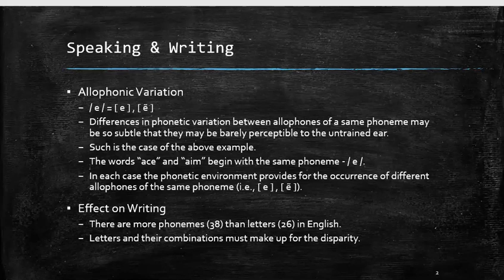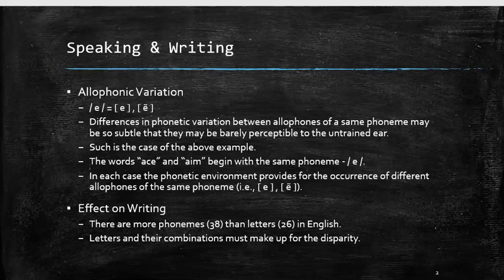The same thing happens naturally when we produce the same phoneme but in different phonetic environments. And this is what we have projected onto the screen here, right? We have the different allophonic variations of a particular phoneme, in this case, the phoneme A. We have two allophones of the same phoneme, the nasal and the non-nasal variations.